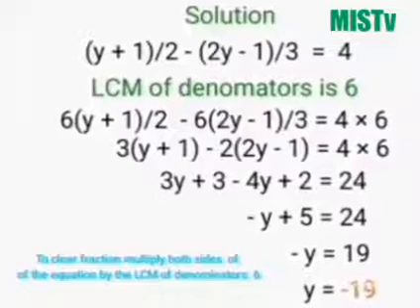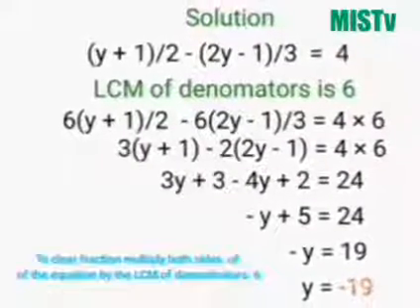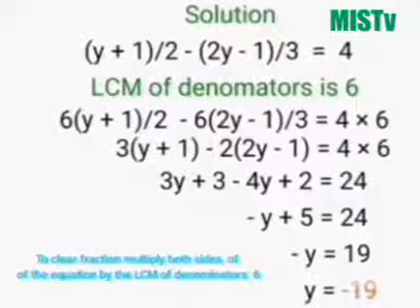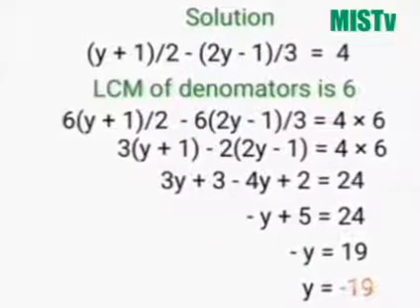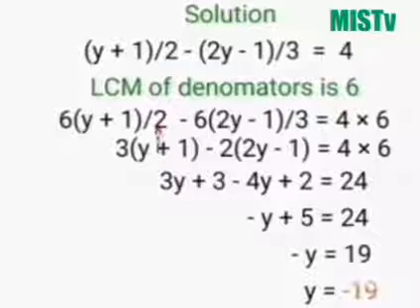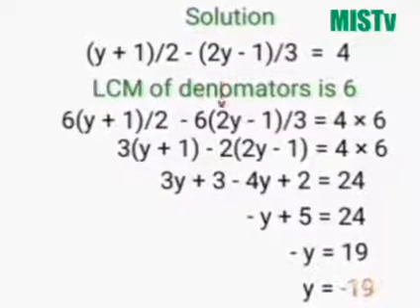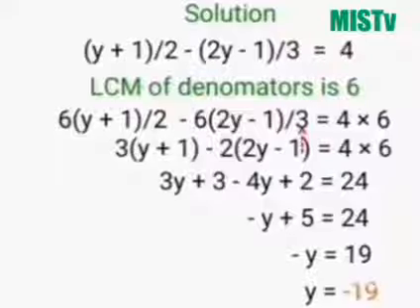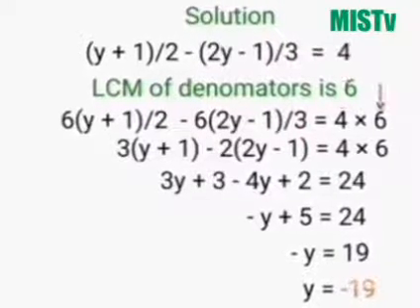Step 2. Multiply both sides by the LCM of the denominators, 6. Hence, the equation becomes 6 times y plus 1 in bracket all over 2 minus 6 times 2y minus 1 in bracket all over 3 equals 4 times 6.